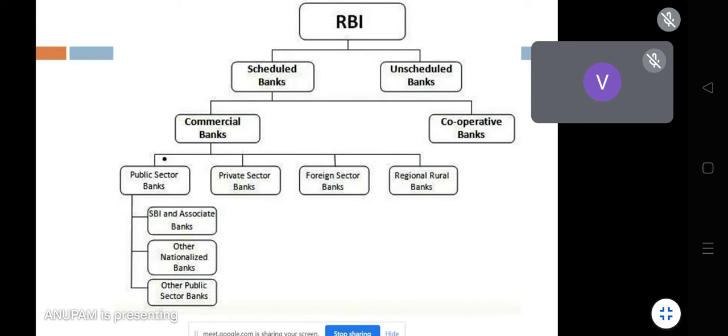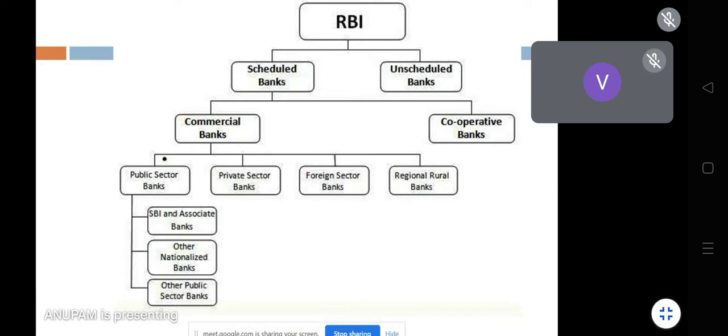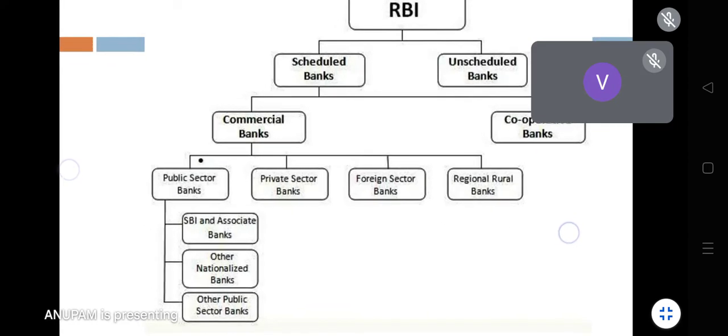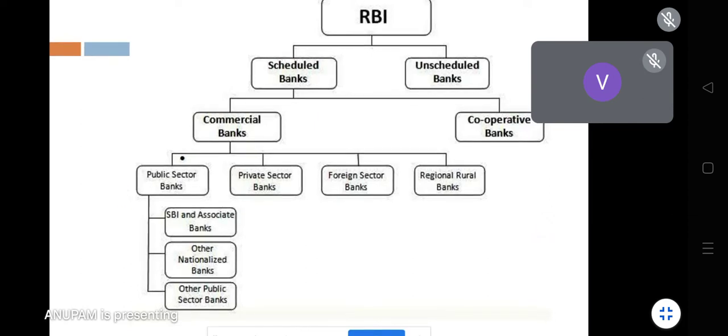So you will see that all types of banks we are seeing fall under scheduled banks only. Then what are unscheduled banks? Or what is the difference between scheduled banks and unscheduled banks? Unscheduled banks are those banks which are very small in nature, and it is not possible for them to follow the rules and regulations which are given from time to time by the Reserve Bank.